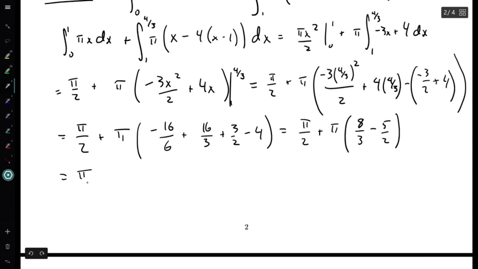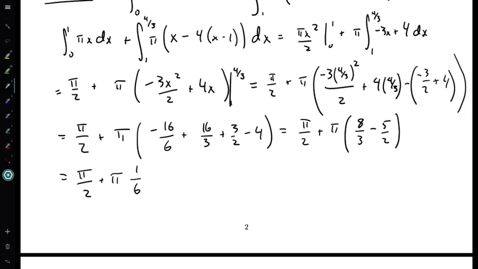All right, we're getting close. So pi over 2 plus pi times 8/3 minus 5/2. We need to convert these fractions into sixths. 8/3 is 16/6. 5/2 is 15/6. So 16 minus 15 gives me 1/6.